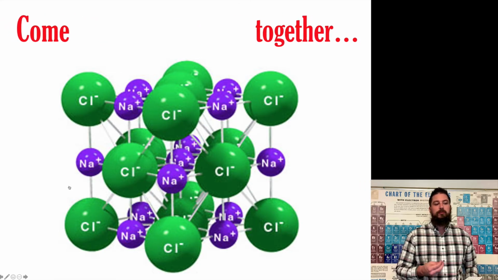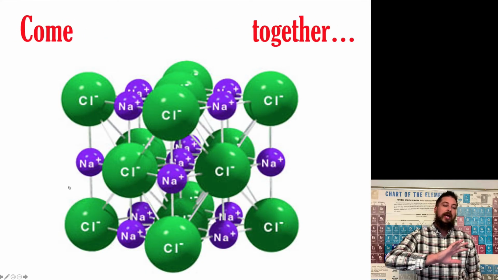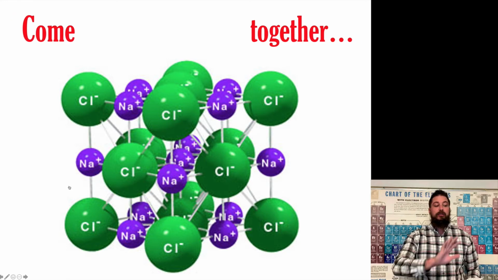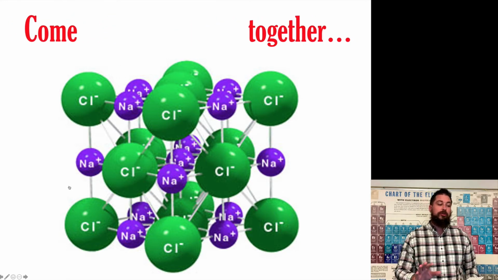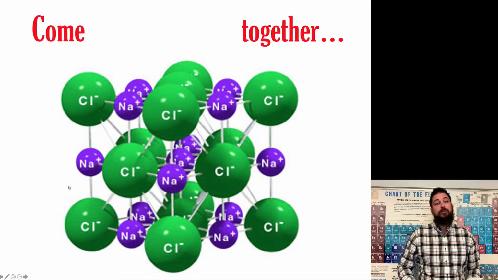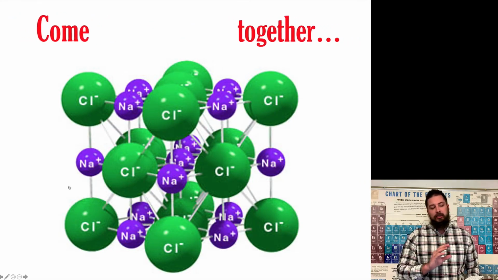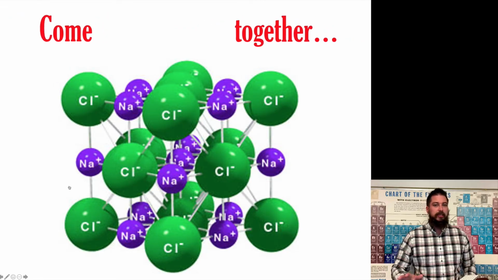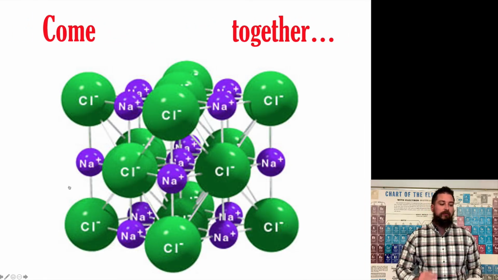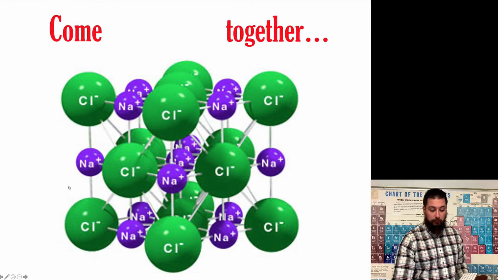The sodium is positively charged, the chloride is negatively charged, and the ions surround each other. Take a look at that middle sodium. Notice how it's surrounded by the chloride ions, so there's an attraction to all of them.